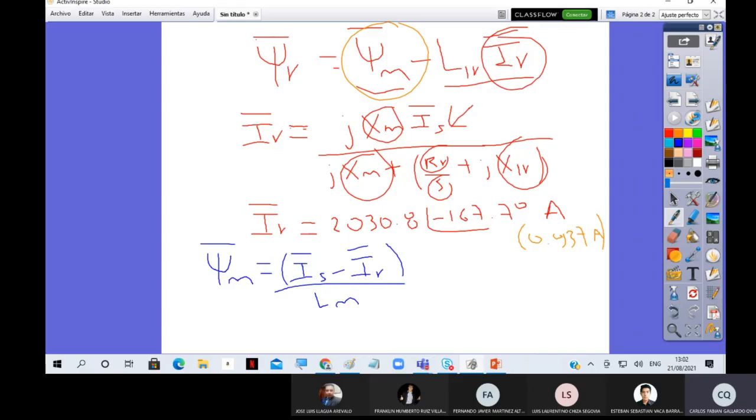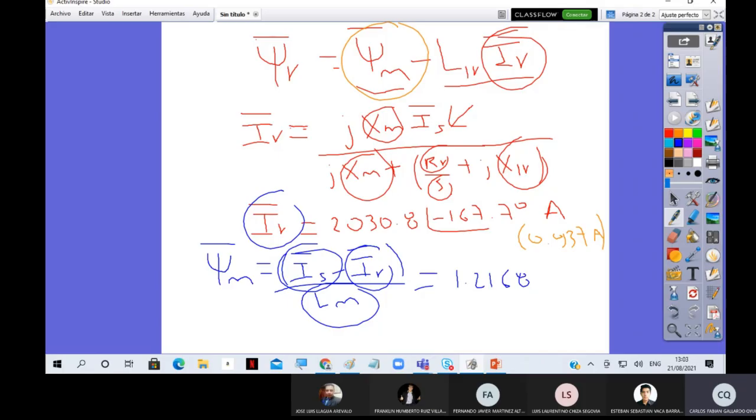So stator minus rotor over the magnetizing inductance. In the first question, we computed the stator current. This is the rotor current, and the magnetizing inductance is data from the problem.